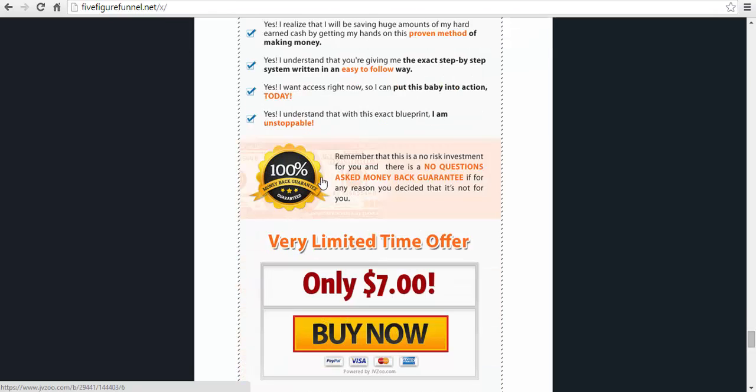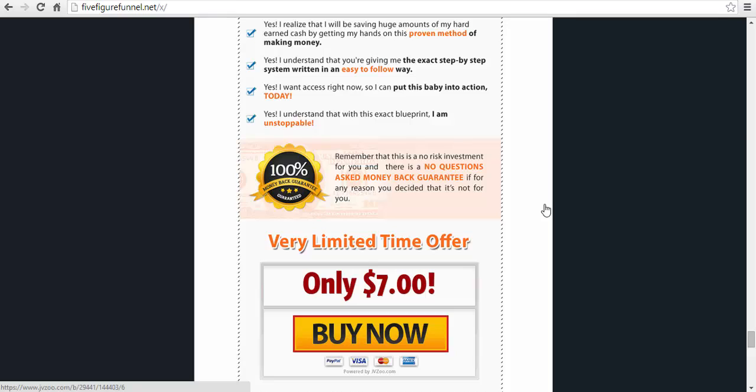Notice how if I just scroll down a little bit further, I have another money back guarantee here just to really emphasize it, and notice how it's directly above the buy now button. Now, coincidence? No. When someone sees the buy now button, they're maybe not too sure, they're still in two minds whether they should, whether they shouldn't. So what's going to happen is they're going to see the 100% money back guarantee.